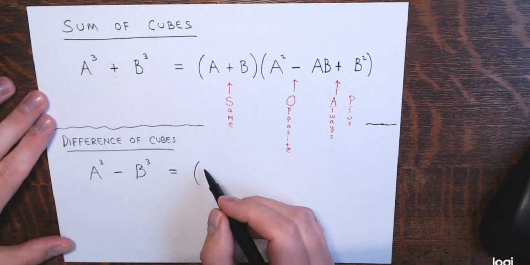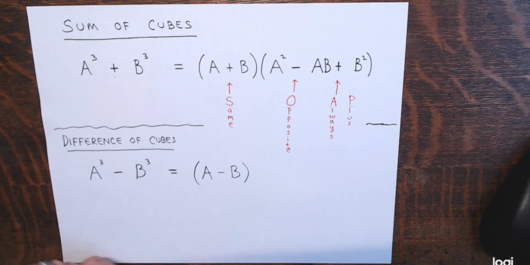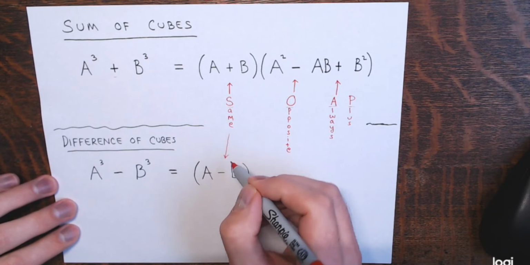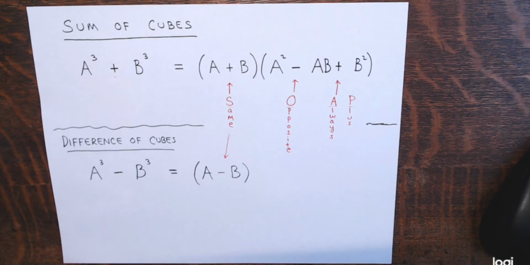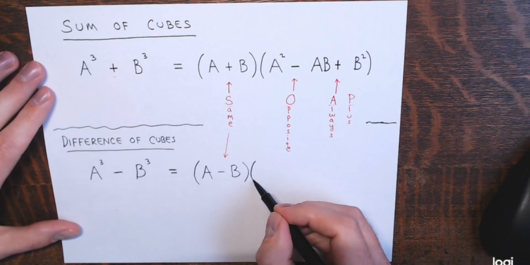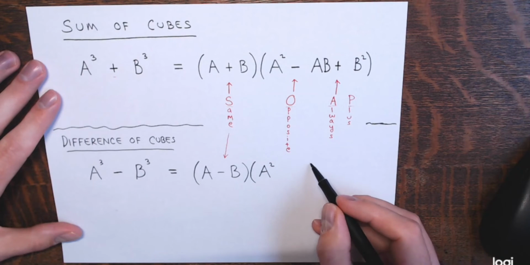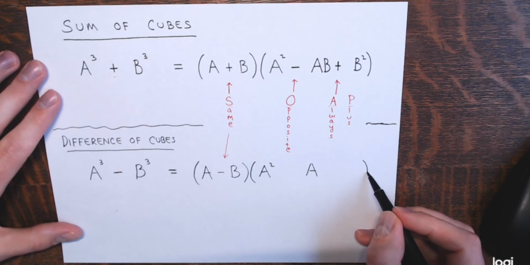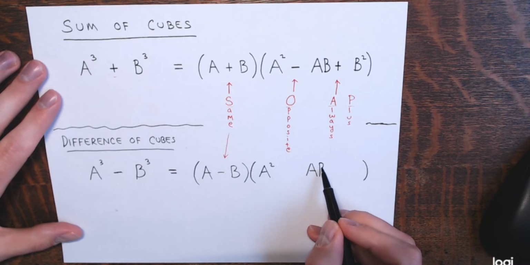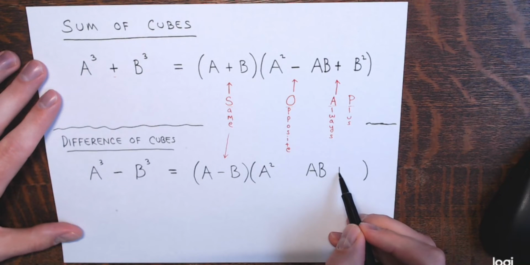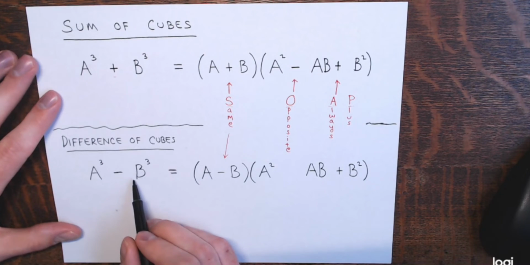The first factor will be a minus b, which in that SOAP acronym has the same sign as your difference. If it's a difference of cubes, this is a minus. Same sign. Times, and then the trinomial factor is set up the exact same way. A squared in the first term, a to the first in the second term, no a in the third term; no b in the first term, b in the second term, and then again plus b squared for that third term, so that when I distribute the negative b, I get my minus b cubed.